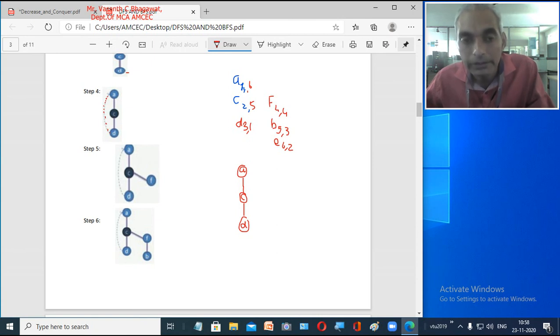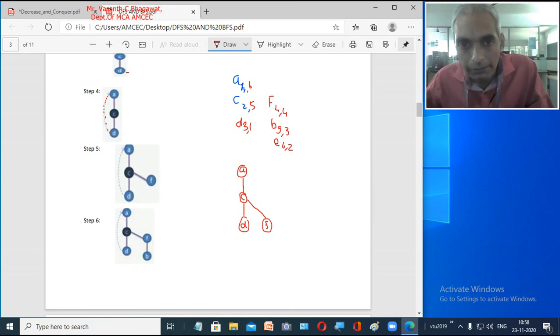So since D is the dead end, you backtrack to C, and from there you go to F, right? Because D becomes the dead end, so you backtrack, you go to C, and from C you go to node F. So we will write from C you are going to node F. We are constructing a DFS forest.